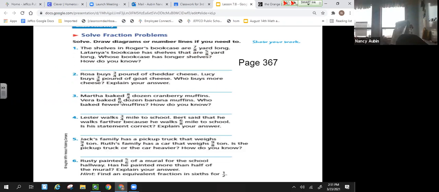We're going to persevere. 7/8 is greater than 5/8. We said that was for Roger, right, Roger? Now we're looking at cheddar cheese, my favorite. 3/4 pound of cheddar cheese is what Rosa buys. Lucy buys 3/8 of goat cheese. Who buys more cheese? You have to compare 3/4 to 3/8.